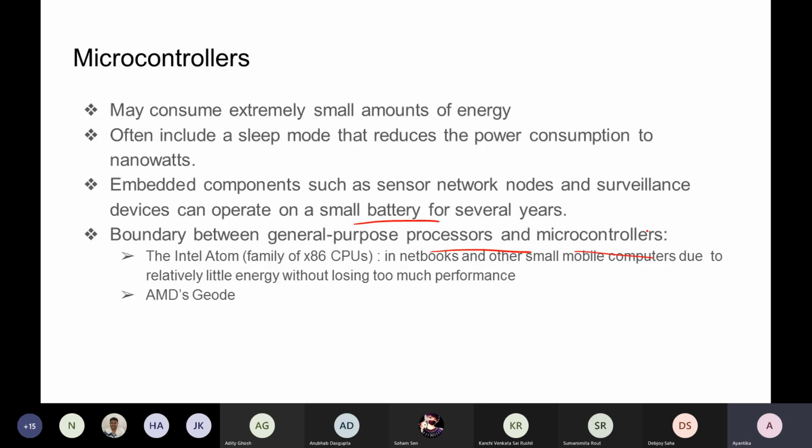And in some cases, we have this type of optimization between these two, like this Intel Atom. In netbooks and other small mobile computers, they need small energy without losing too much performance, so they have some optimization in their hardware.